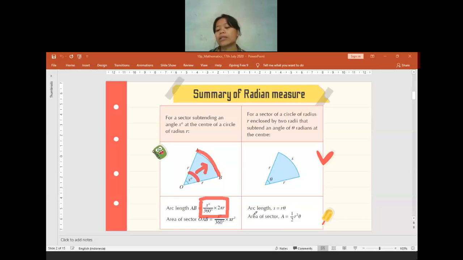I already explained how we simplify the formula, because if I re-explain it, it will take more time. So please just memorize the formula for the arc length. If the angle is given in radian, you will use r times theta. Theta is the angle in radian.